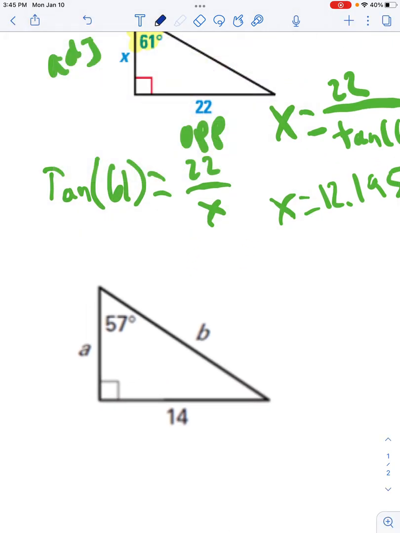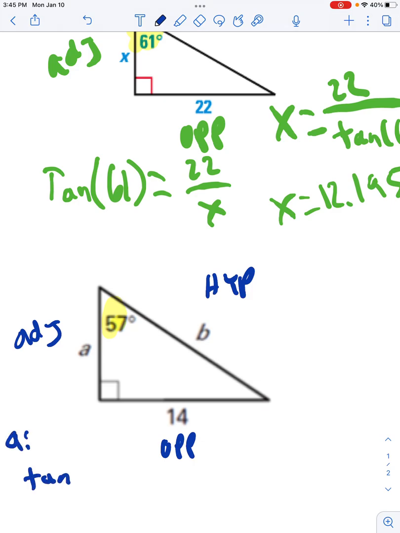All right, this one has two variables. Cool. Let's start here, and I'm going to solve for A first. If my reference angle is the same, I know I have opposite, hypotenuse, and adjacent. To solve for A, I'm still going to use tangent.